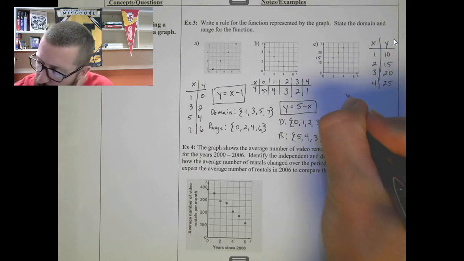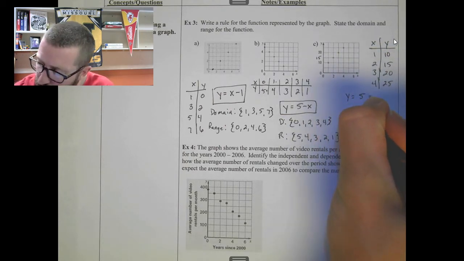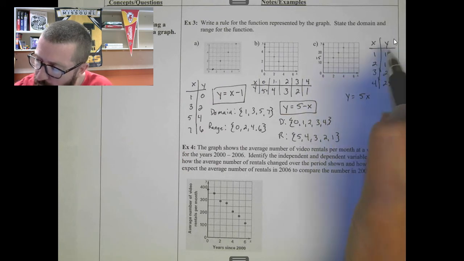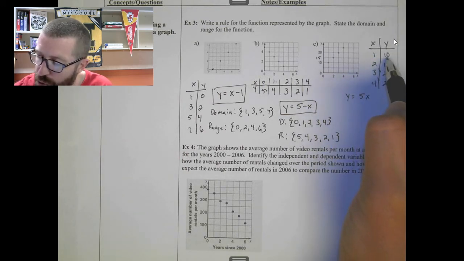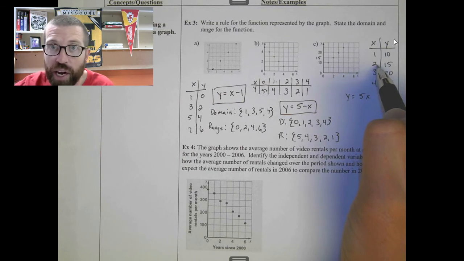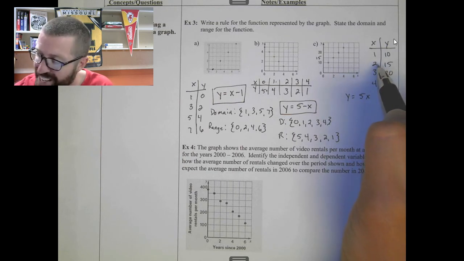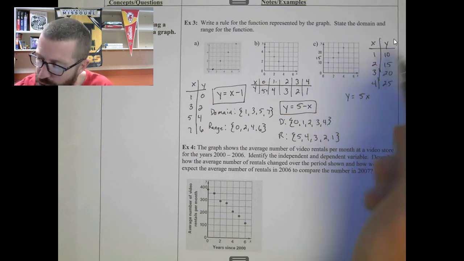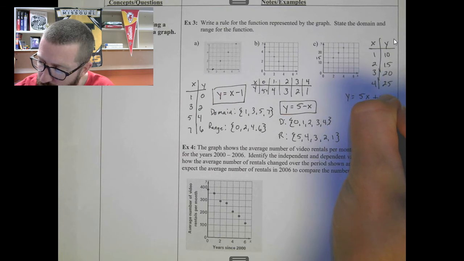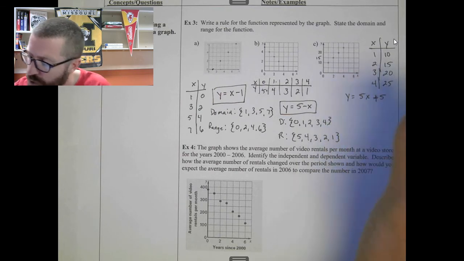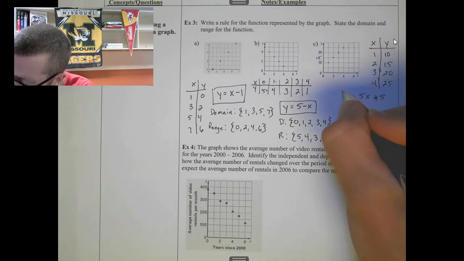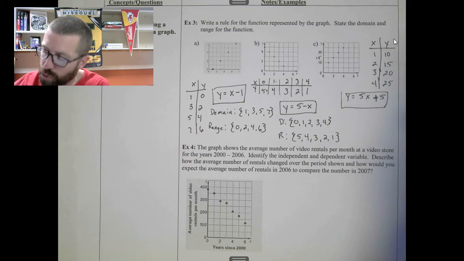So I'm going to take my input and multiply it by 5. So 1 times 5 is 5, and then add 5 to it is 10. 2 times 5 is 10, and add 5 to it, and I get 15. So it's 5x plus 5 for the function rule there.